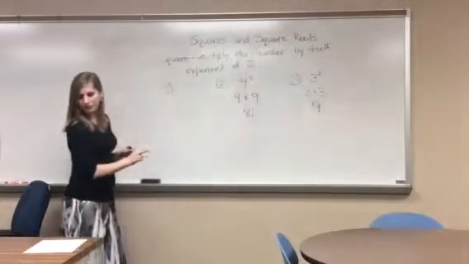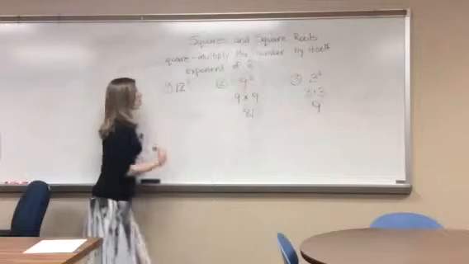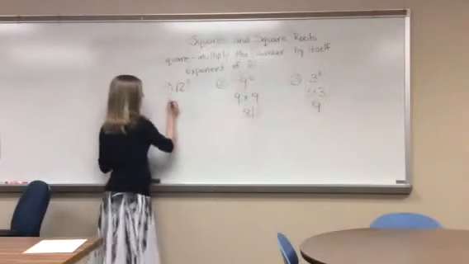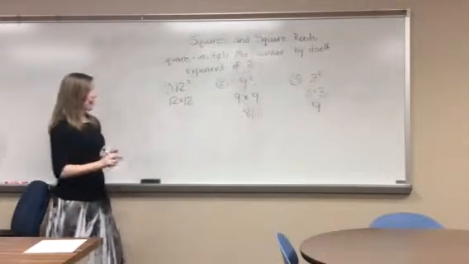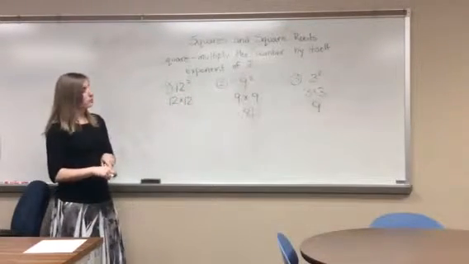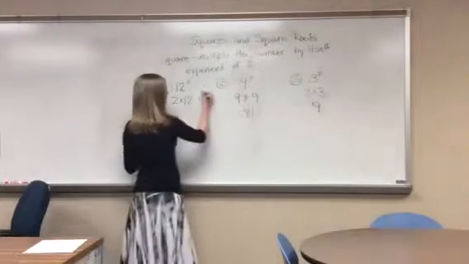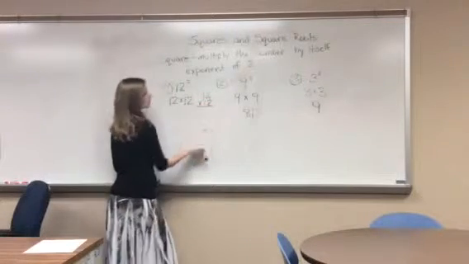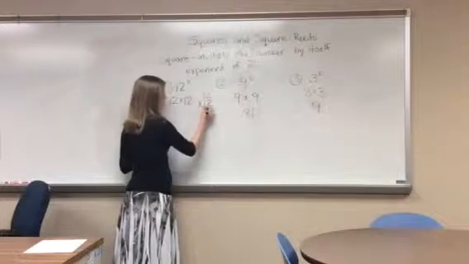Number 4. Getting a little bit more difficult. We have 12 squared. Okay? Multiply 12 by itself, so we take 12 times 12. Now, if you're unsure of what 12 times 12 is, we're not using a calculator today. We're going to work these out, so you're actually going to multiply that off to the side. 12 times 12. We do 2 times 2 is 4. 2 times 1 is 2.